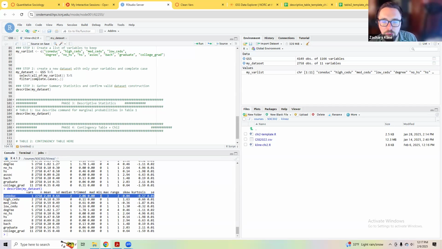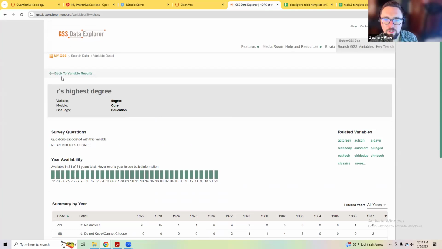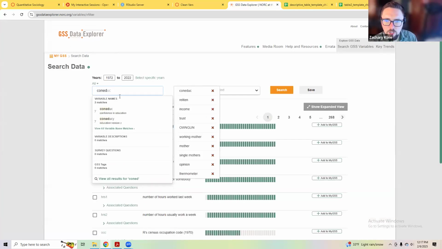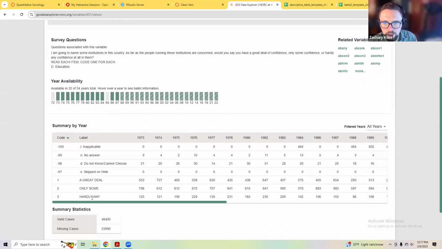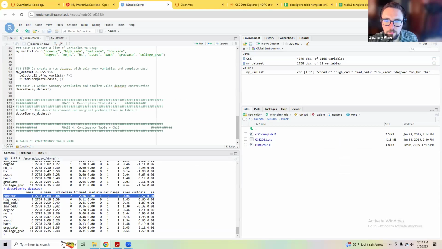That doesn't make sense theoretically or mathematically, and it also doesn't make sense looking at the actual variable, because the variable measures something else. Ironically, someone with a higher value of CONEDUC actually has less confidence in education. We couldn't say a 3 is one more confidence than 2 when 3 is actually less confidence. And it's not really a mathematical value. These are categorical responses. So if we say the mean of CONEDUC, this doesn't make any sense. This is a nonsensical interpretation for this mean.